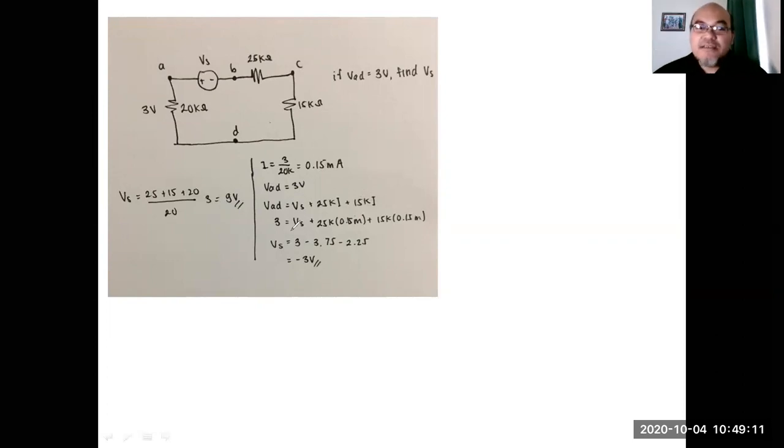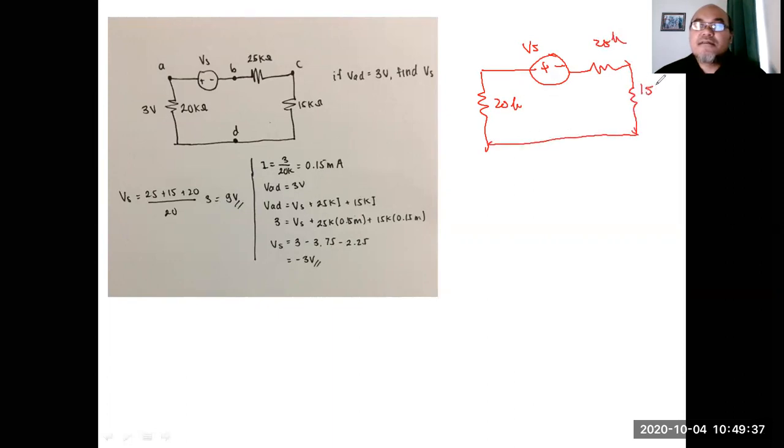Let's try using her method here. First we calculate the current flowing through the 20 kilo ohm resistor. Using the passive sign convention, this is the 20K, and then you have the Vs. You have the 25K here, and the 15K on the other part.